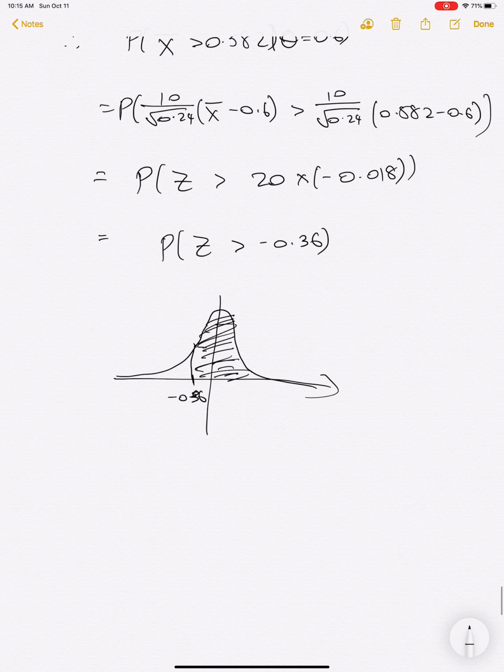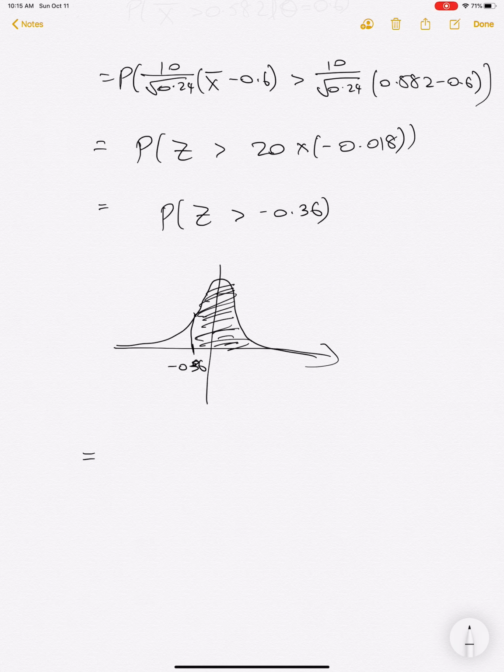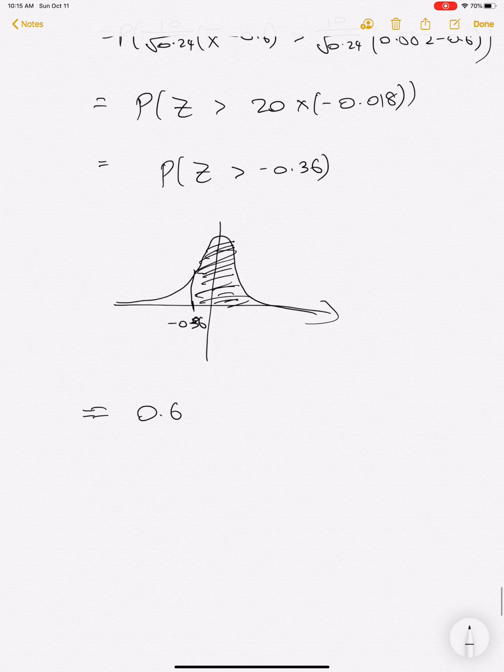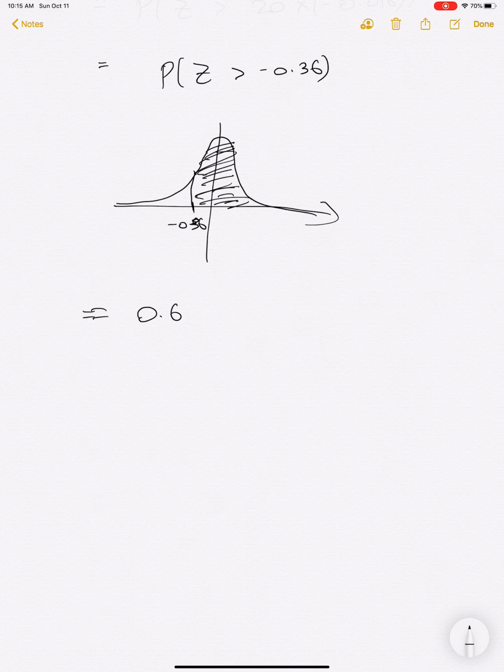If we look that up, I actually don't have the table in front of me right now, but I believe you're going to get approximately 0.6 if you do that, but I'll correct that in the next lecture.